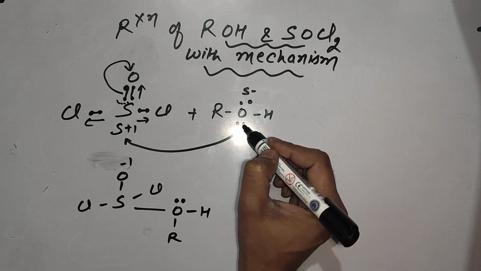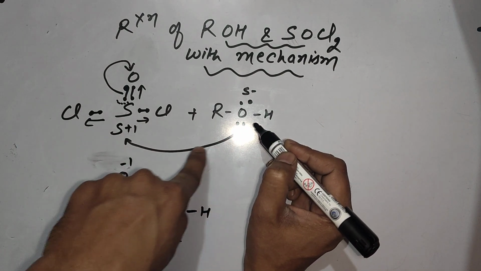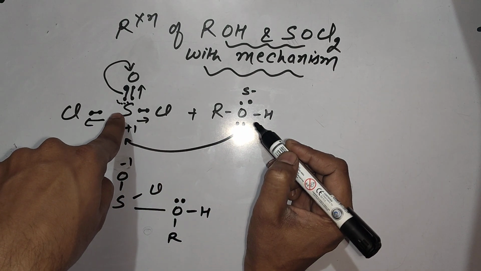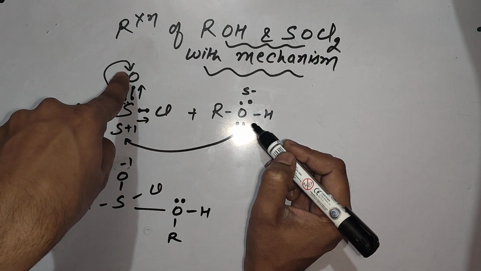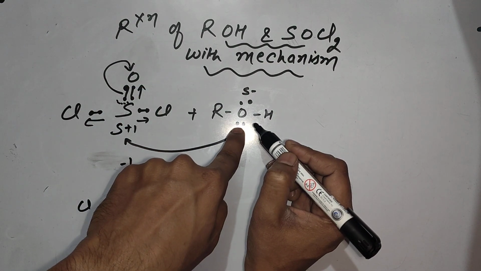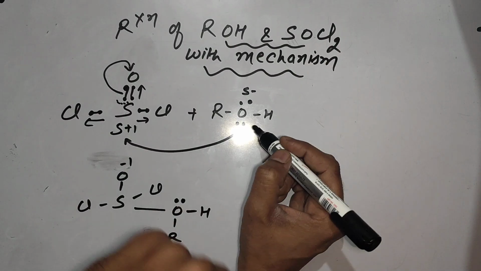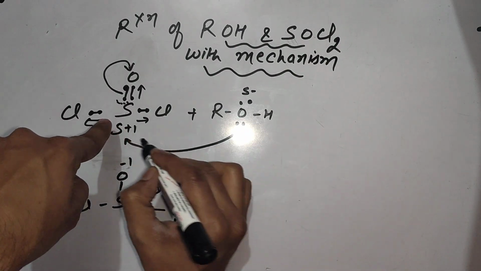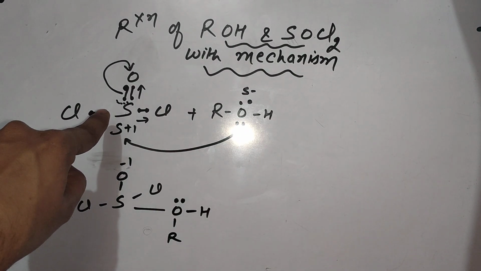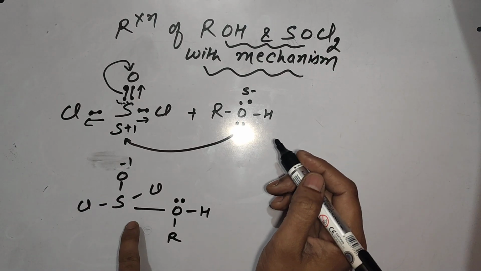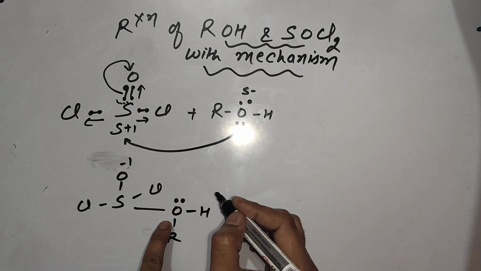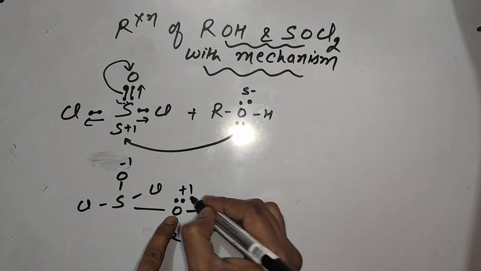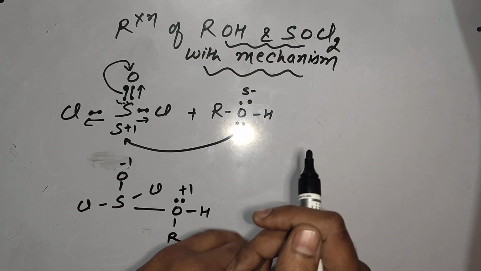Out of 2 pairs, it has used 1 pair to make a bond with sulfur because sulfur doesn't have an electron for bond formation. Those electrons have gone toward oxygen. So for bond formation, 2 electrons are required which will be delivered by oxygen. Means this bond is a coordinate bond, dative bond. Now when oxygen is giving its electrons to sulfur for dative bond formation, this oxygen will carry a positive charge.